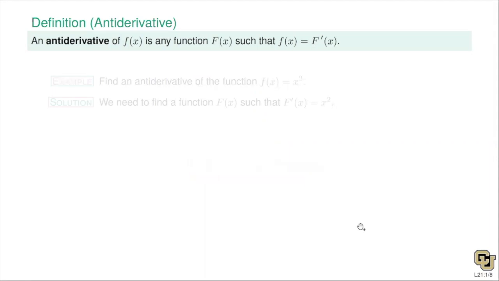So an antiderivative of a function little f of x is any function capital F of x such that little f is the derivative of capital F. So the game we usually play is that typically when we're given little f, we usually ask for f prime.